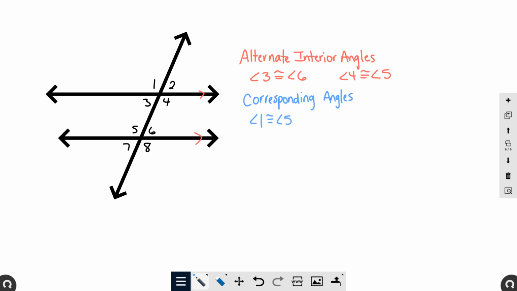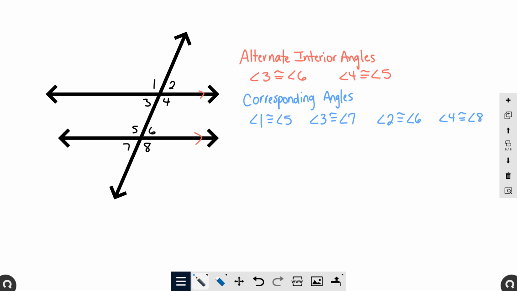What else? 3 and 7. What else? 2 and 6. And last? 4 and 8. Very good. So corresponding ones are ones that are on the same side of the transversal and they are congruent. So it's kind of like we skip one. We skip the linear pair and we go to the next one.